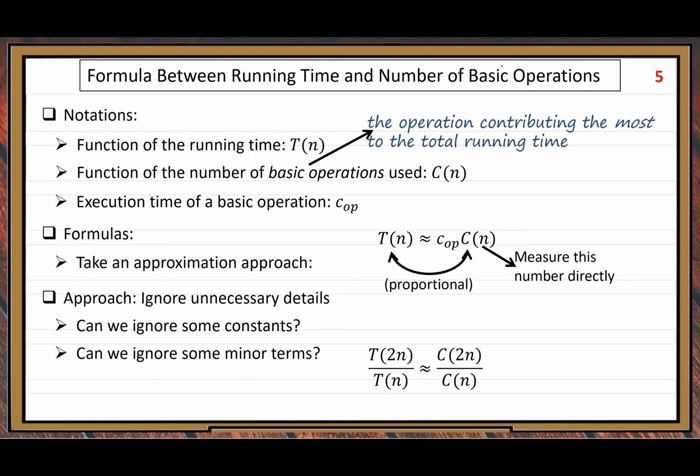When you switch from the T version to the C version, the ratio is the same. And this ratio can give us information on how fast the function increases.